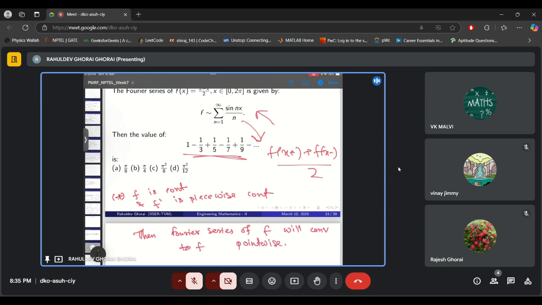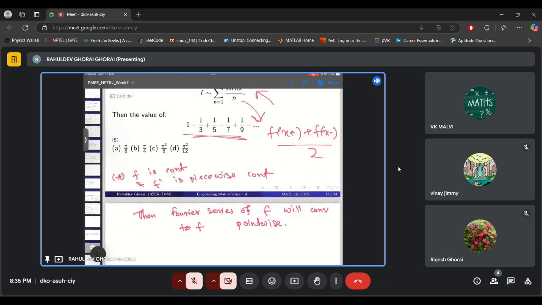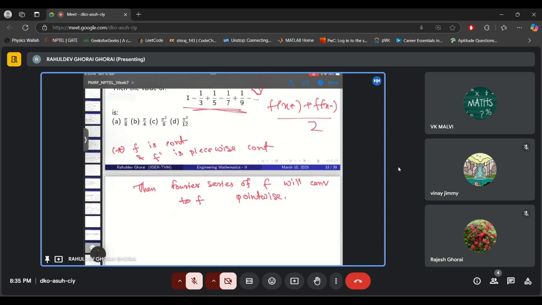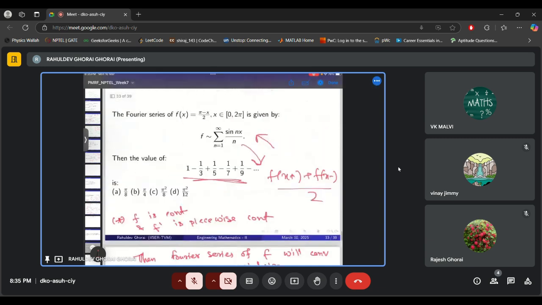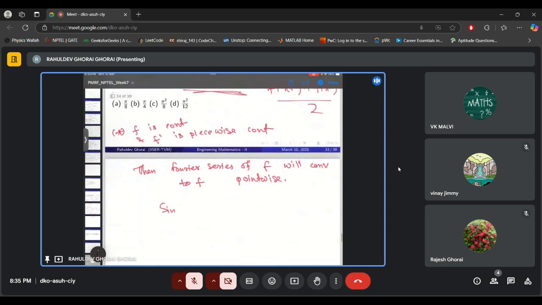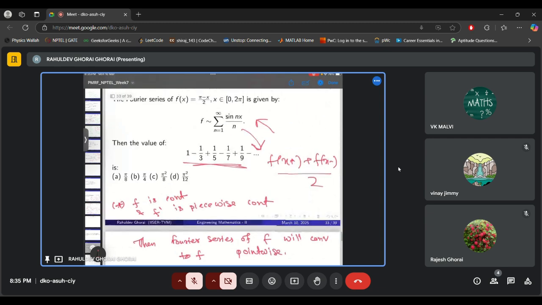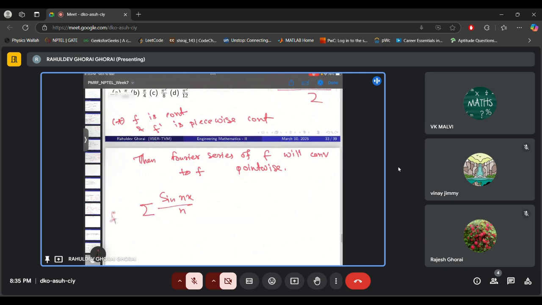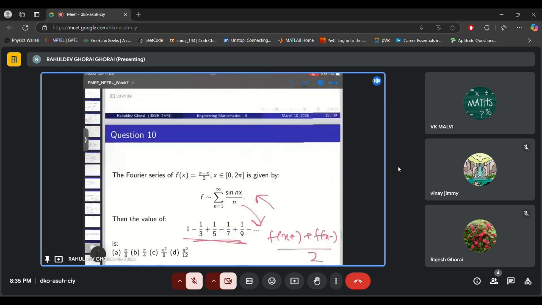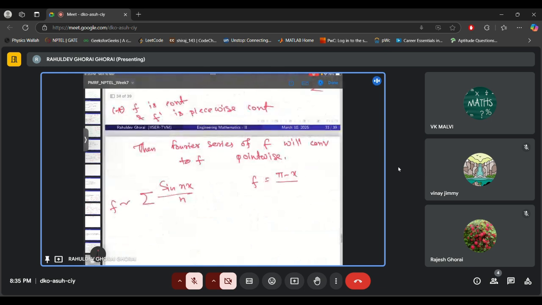And I think you know the meaning of being pointwise, I told you already. So if that is so, then how does this sum of sin(nx)/n work? f is given like this, and what is f? f is (pi minus x)/2.